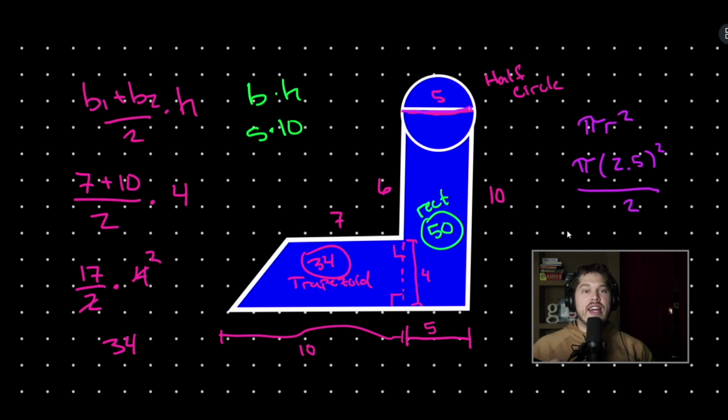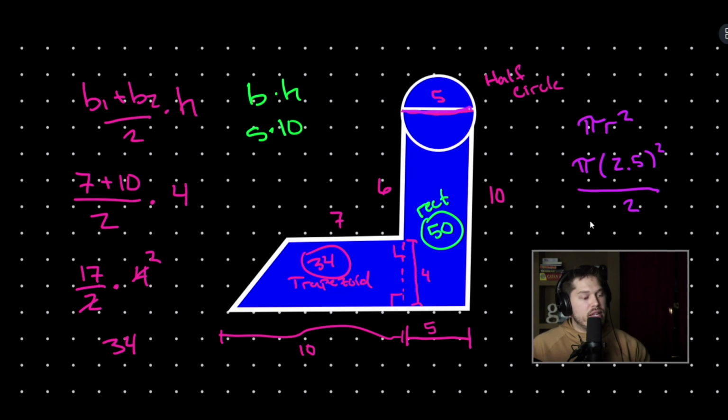Earlier we mentioned this sector circle formula, which is the angle measured over 360 degrees. Well, the angle of a straight edge is 180, and 180 over 360 simplifies to 1/2. So you can use either method or either thought process to get the fact that you're going to put your circle formula over 2. So 2.5 squared is 6.25.